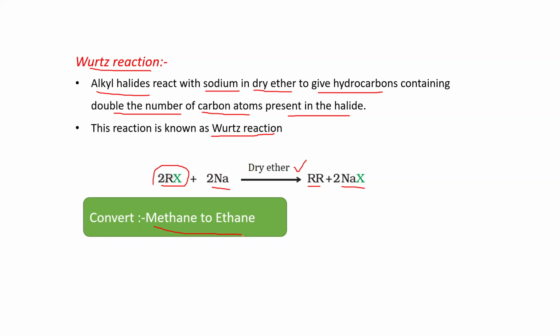How? Just see, this is CH4 and we have to convert this into C2H6. First of all, suppose this reacts with HCl.